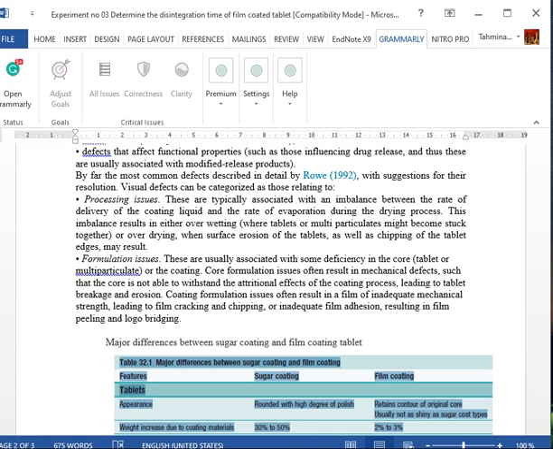Core formulation issues often result in mechanical defects such that the core is not able to withstand the attritional effect of the coating process, leading to tablet breakage or erosion. Coating formulation issues often result in a film of inadequate mechanical strength, leading to film cracking and chipping, or inadequate film adhesion, resulting in film peeling and logo bridging.